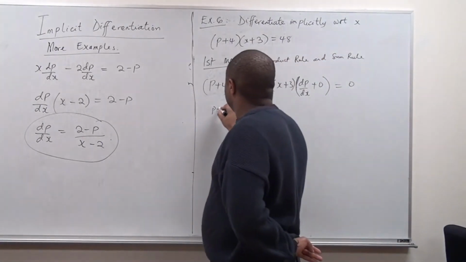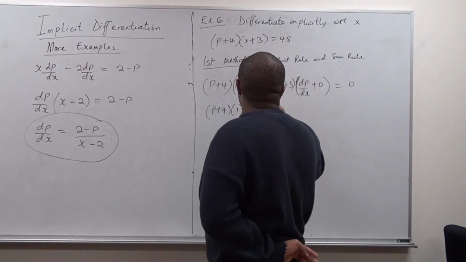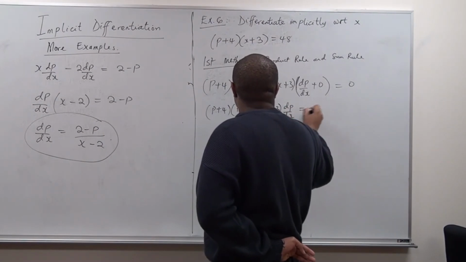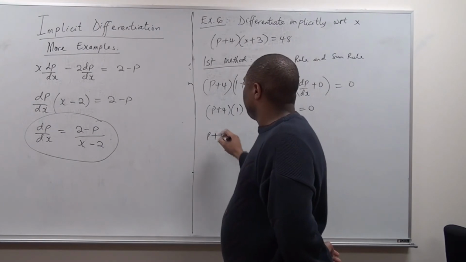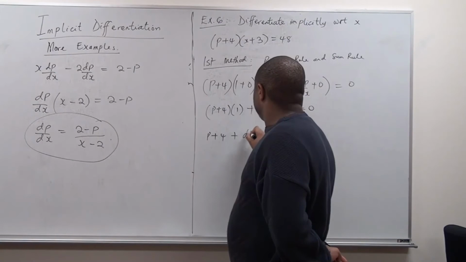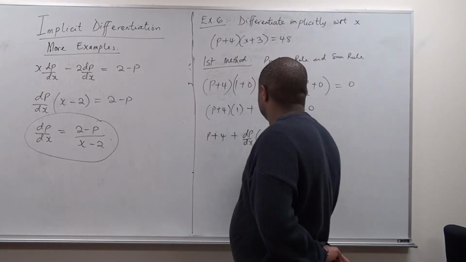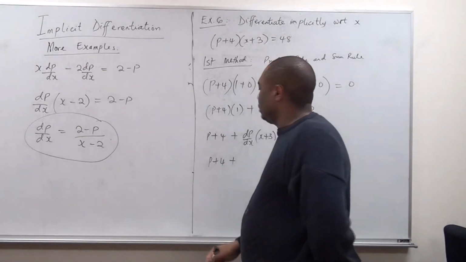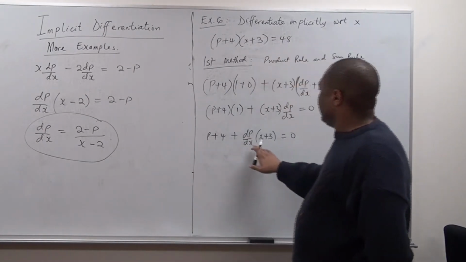And this will give me (p + 4) times 1 plus (x + 3) times dp/dx equal to 0. Okay, so (p + 4) times 1, of course, is p + 4. Then plus, I'll just write the dp/dx in front, so as not to get you confused. So this is p + 4 plus dp/dx times (x + 3).